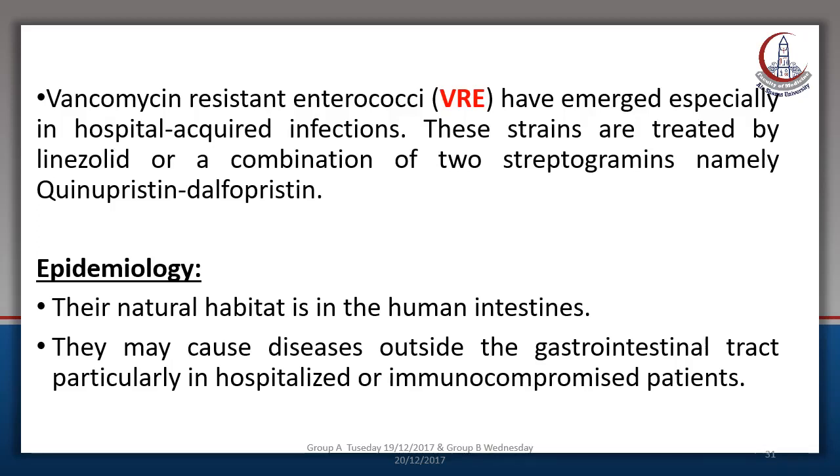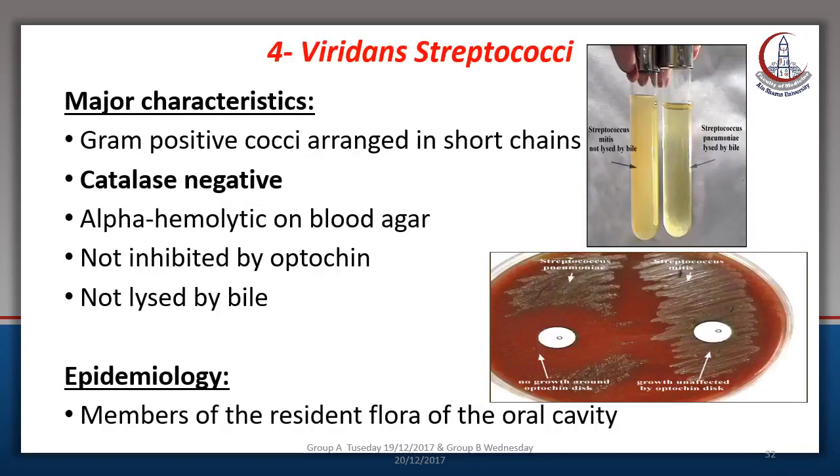It has the group D streptococcal cell wall carbohydrate antigen, and it is salt and bile tolerant. Also, it's characterized by a high pattern of antibiotic resistance. Enterococci are intrinsically resistant to many antibiotics like penicillin, cephalosporins, aminoglycosides, and lincosamide.